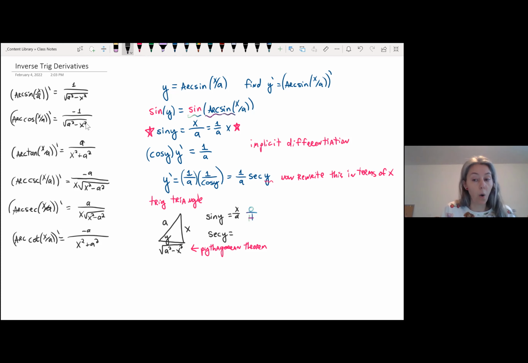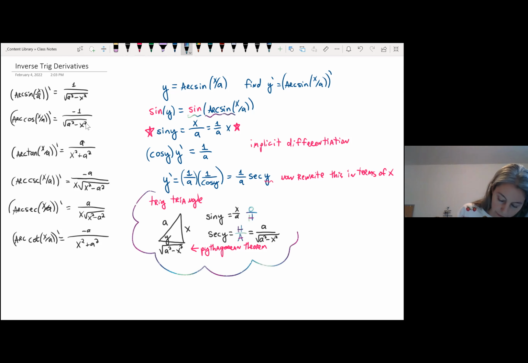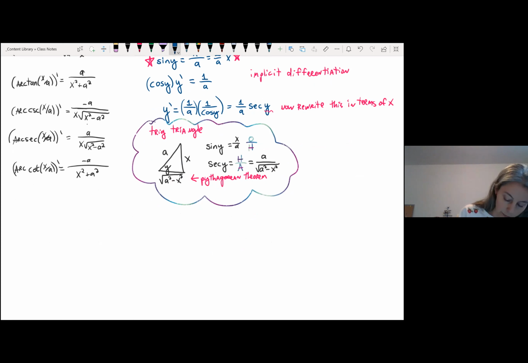Cosine is adjacent over hypotenuse, so secant will just be that flipped over: hypotenuse over adjacent. The hypotenuse of my triangle is a, and the adjacent side is the square root of a squared minus x squared. So now we've done our trig triangle, we've defined our secant, and we can go back and write y prime in terms of x.